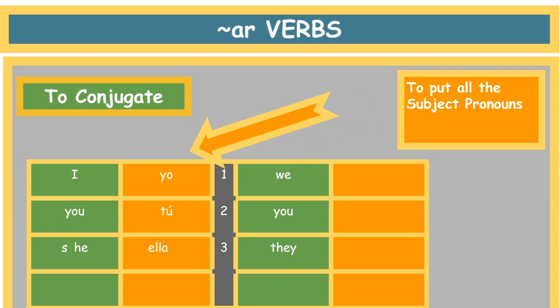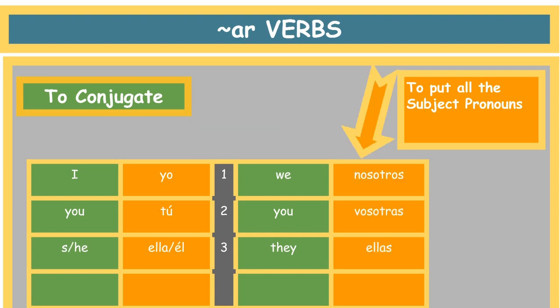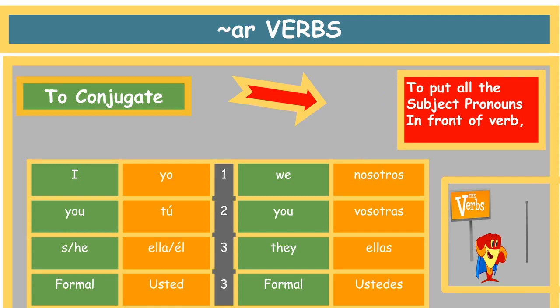In Spanish, they would be translated by yo, tú, ella, él, nosotros and nosotras, vosotros and vosotras, ellas and ellos. In addition, we also have a formal person in Spanish, usted, and they both mean you. So to conjugate is to put all the subject pronouns in front of the verb.